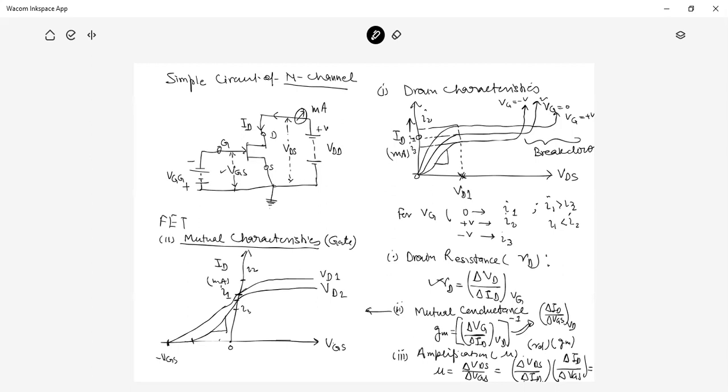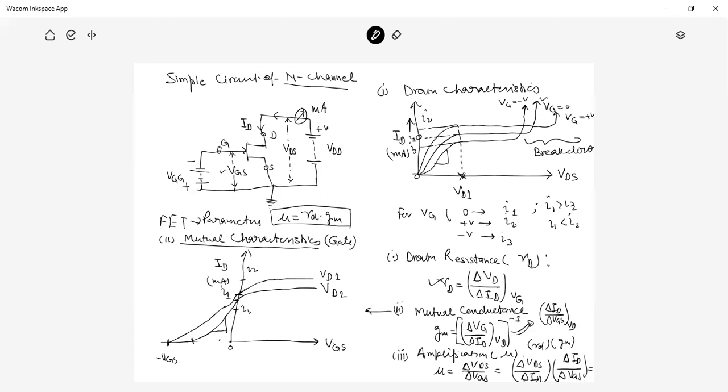So the relation between FET parameters is mu equal to RD into GM. This is a famous relation.